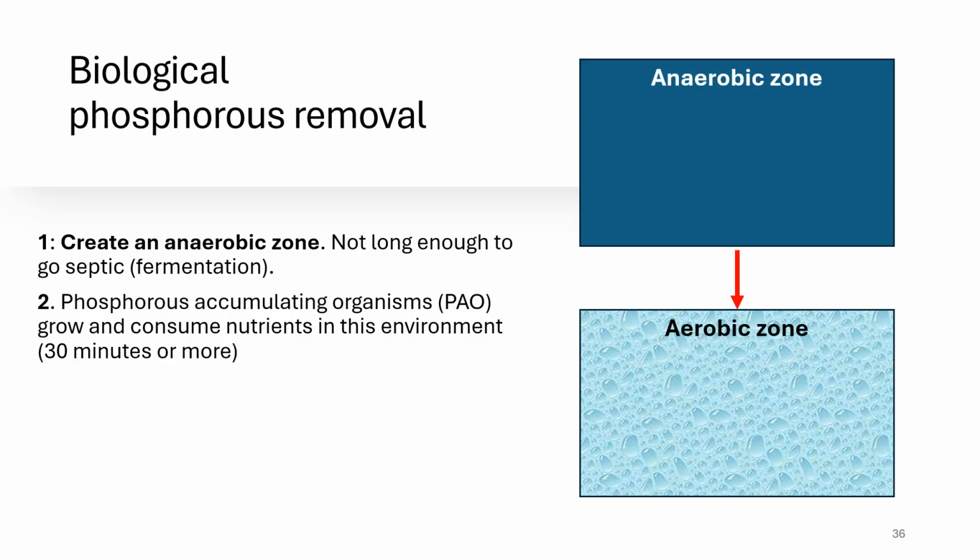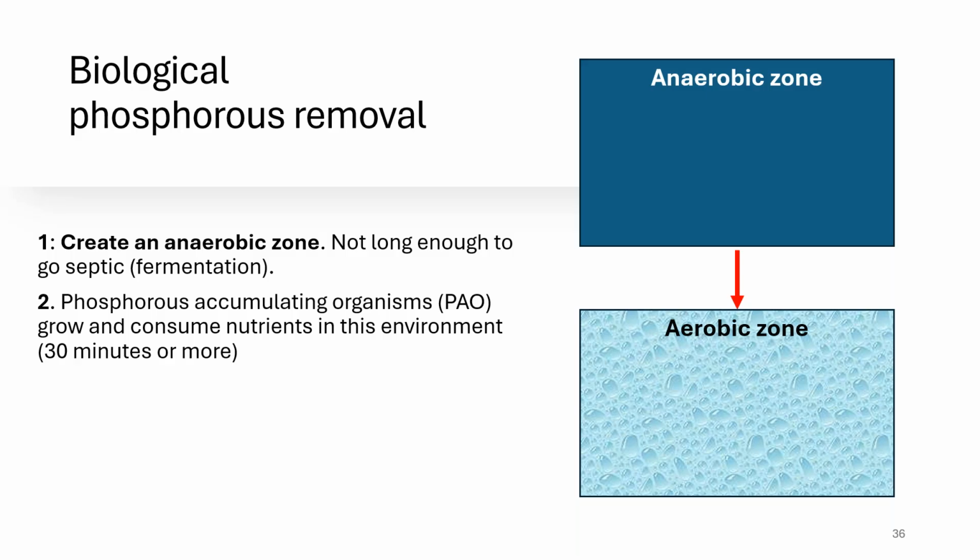And in this anaerobic zone, they basically have a chance. They don't have any competing bugs. Aerobic organisms can't live in the anaerobic zone. The facultative organisms that could breathe nitrate can't live in this zone. So it gives them a chance to grow and increase their population and to kind of become energized.